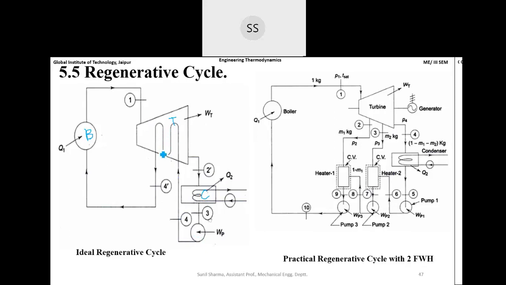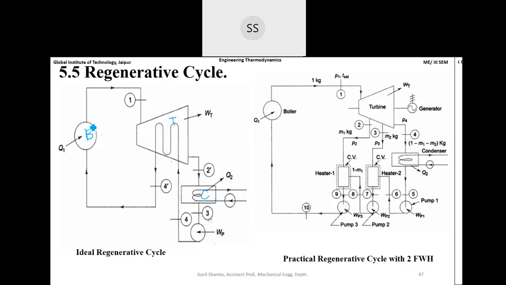This water is not mixing directly with the steam of the turbine. Okay, so we are moving continuously, and then after indirect heat exchange, this water is heated, and then it goes to the boiler. Okay, so this is the ideal regenerative cycle.